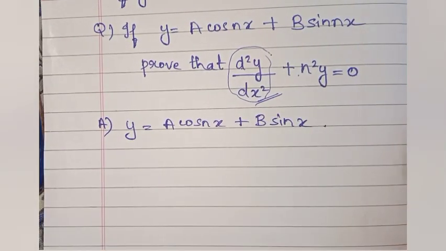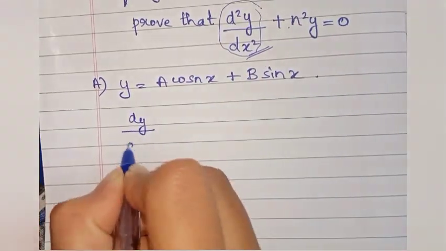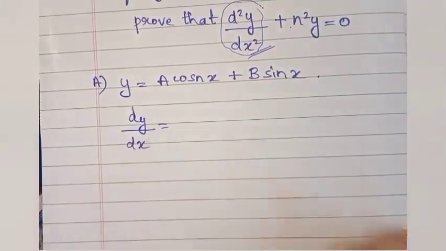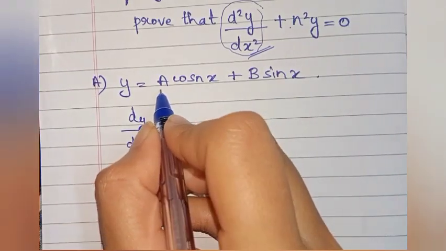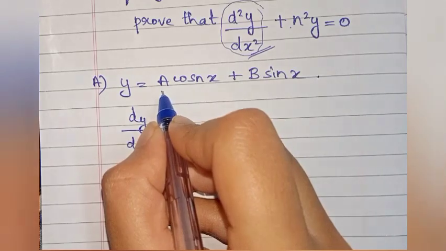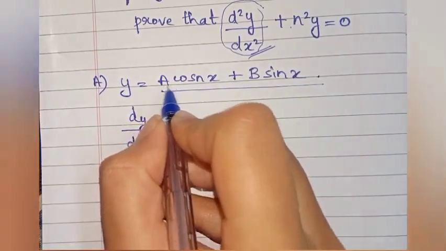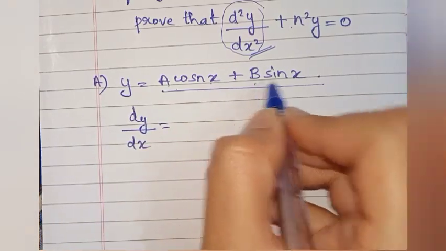So first of all, write down dy by dx is equal to, we have to differentiate y separately because it is an addition. First of all, we have to differentiate a cos nx and then b sin nx.